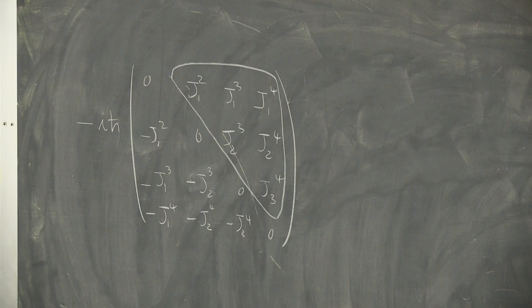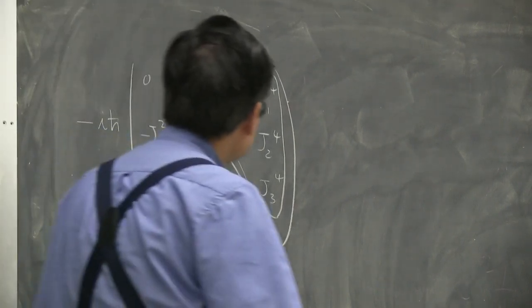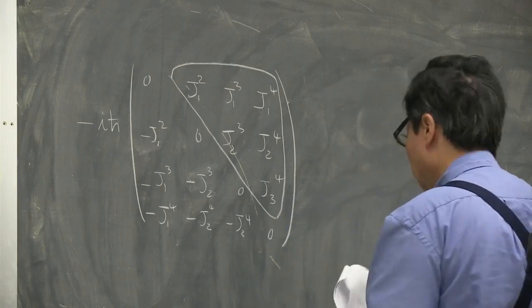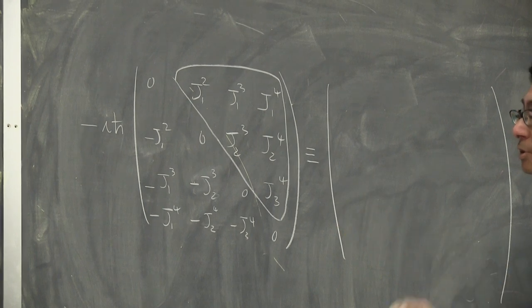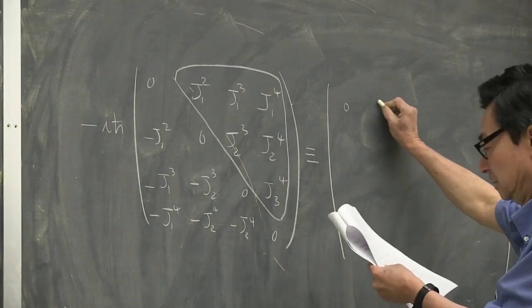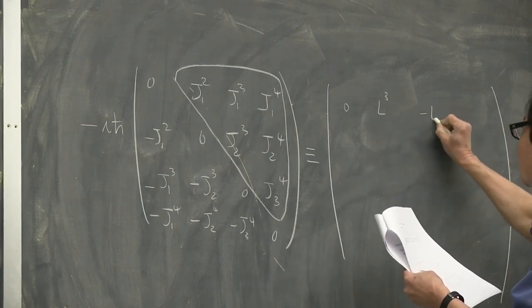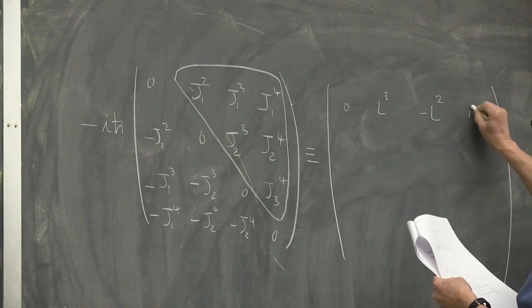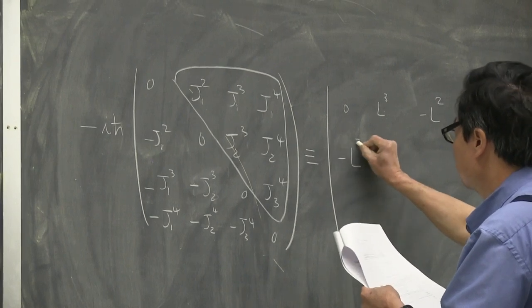And we can think of them as matrices so that we can think of the commutation relations as commutation relations between different matrices. And we're going to identify these in the following way with the quantities that we have introduced, in other words, our L's and M primes. 0, L3, third component of the angular momentum. This one is minus L2. This one is M prime 1. This one is minus L3.